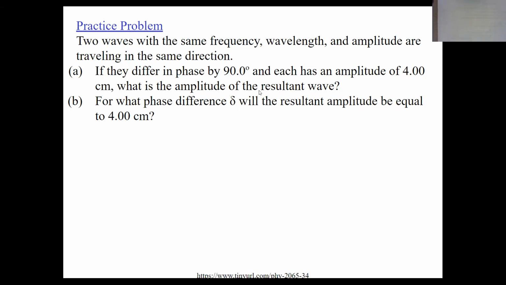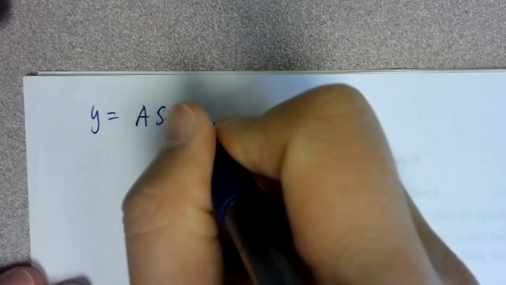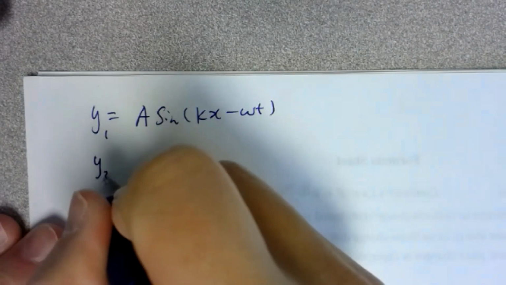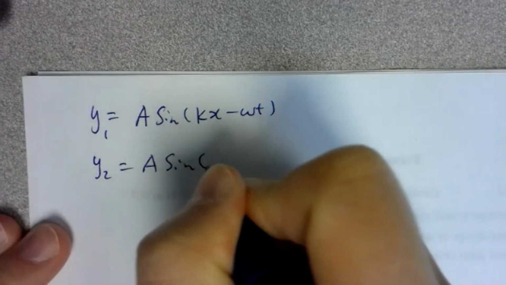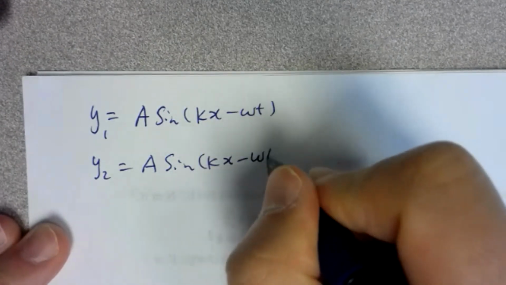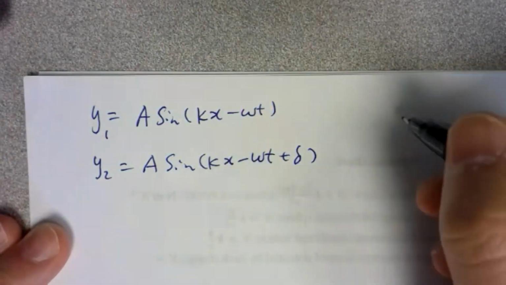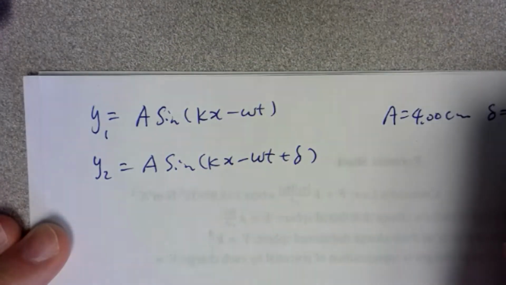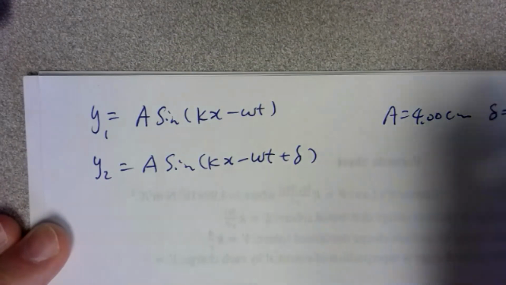It asks what the amplitude of the resultant wave is. If y1 is A sine of kx minus omega t, then y2 will be A, the same amplitude, same wavelength, that means same wave number, sine of kx minus omega t plus delta. So if A is equal to 4 and delta equal to 90, what will be the new amplitude?